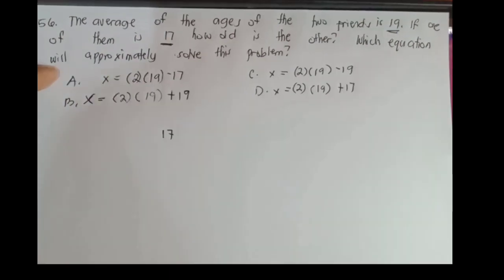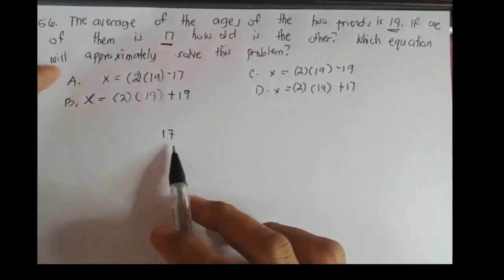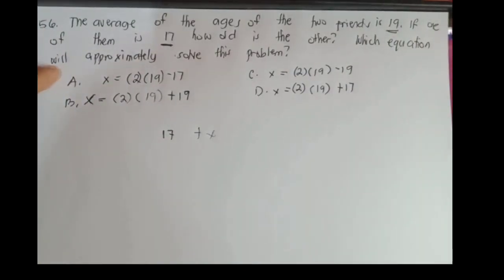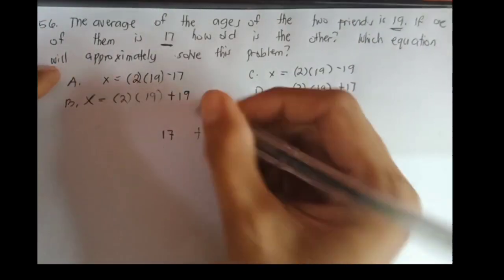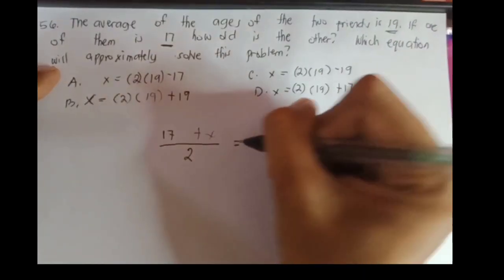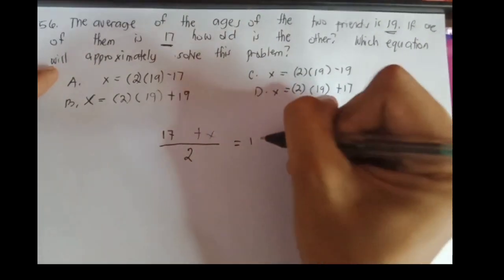Therefore, we can have 17 plus x, the age of the other friend, over 2, or divided by 2, equals their average, which is 19.